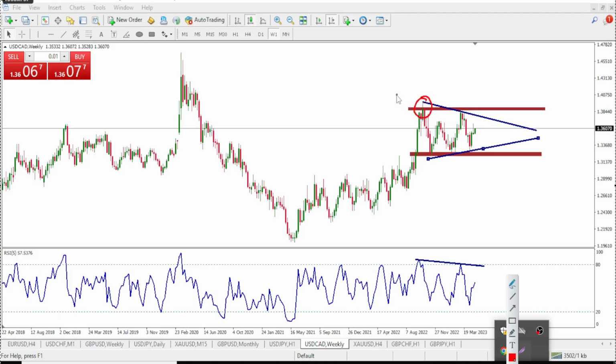If you see right here, the market stopped, then a pattern. When it came back right here, the market started to go down again. So this is a top. Right here, check the RSI, it was above. Right here, check the RSI, it was below, which means the RSI is showing a nice down move.